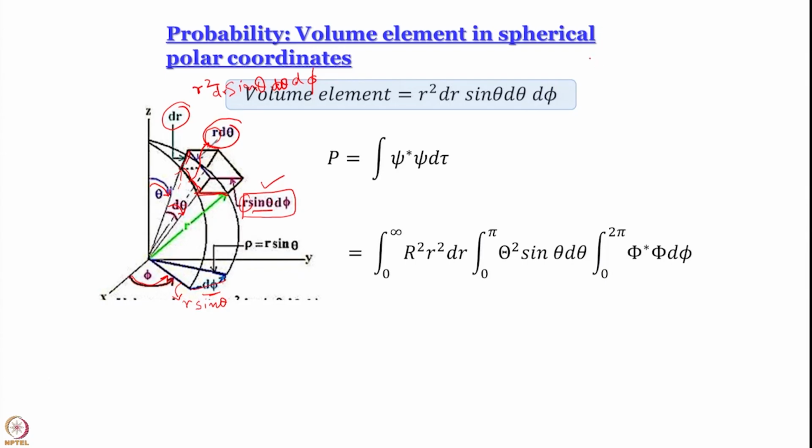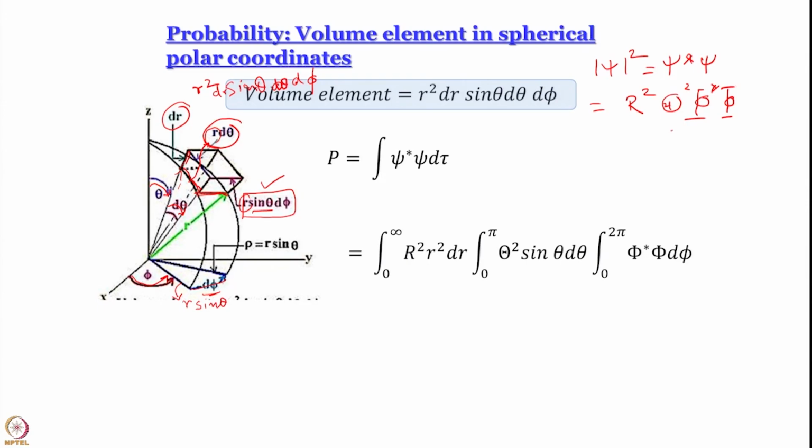So, when we write mod psi square, that is psi star psi, that boils down to R square, capital theta square, capital phi star multiplied by capital phi. Okay.